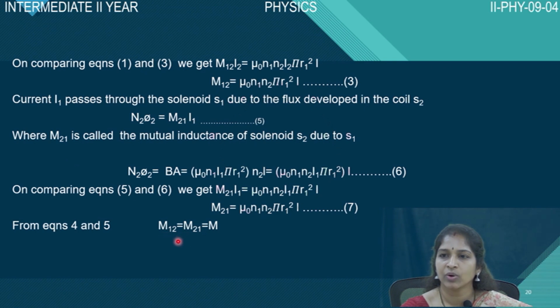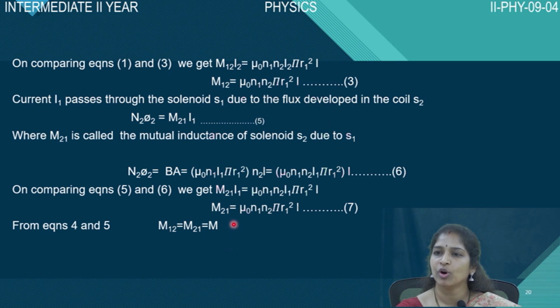As both are equal, we can take it as M. So what is the expression for the mutual inductance of a solenoid? It is mu naught N1 N2, and this area in general we can write as pi R square L. So this is the expression for the mutual inductance of a solenoid.